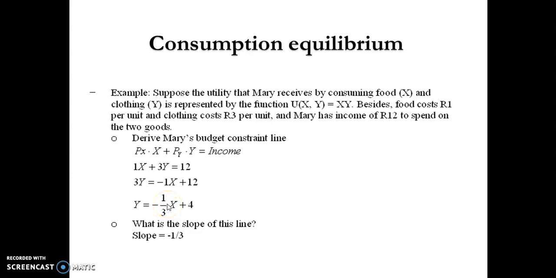Which you can also deduce by looking at the negative ratio of your prices. The price of good X was 1 Rand and the price of clothing, good Y, was 3 Rand. So 1/3 is a third, and it's the negative ratio of the prices. That is just rearranging, making Y the subject of the formula. There is the slope of your budget constraint. So what is the slope of this line? It is minus 1/3.